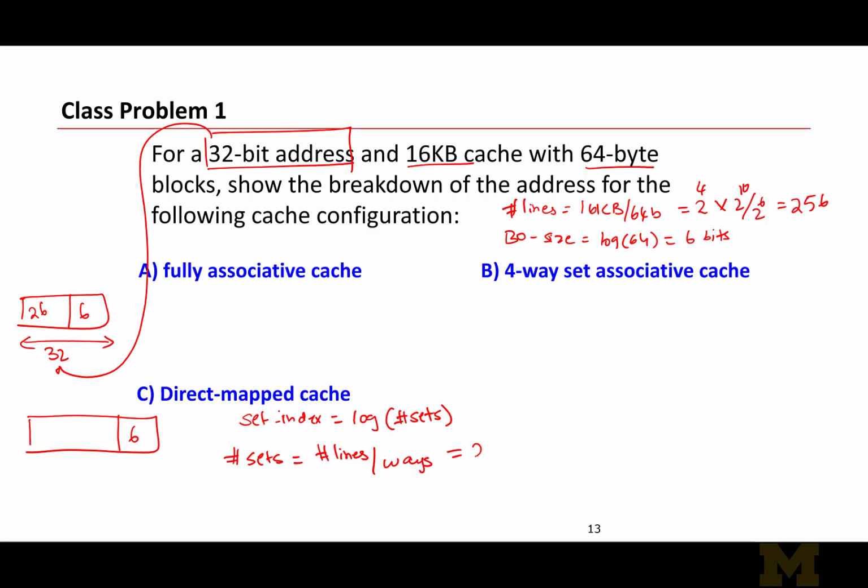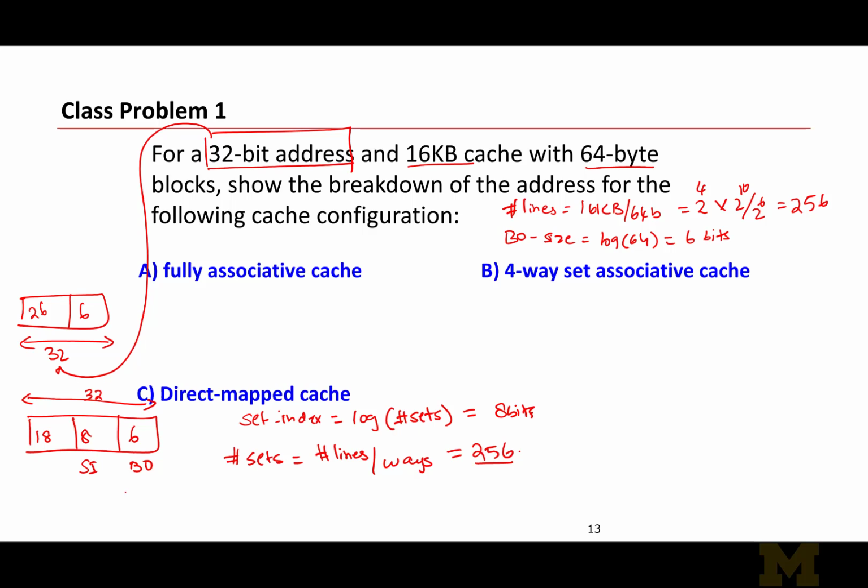So that is 256, and the set index is log to the base 2 of 256, which is 8 bits. So we have 8 bits for the set index and 6 for the block offset. The number of bits for the address does not change across cache architectures. It's an ISA specification, not a cache specification, so it remains 32 bits. So it's 32 minus 8 minus 6, which is 32 minus 14, which is 18 bits.